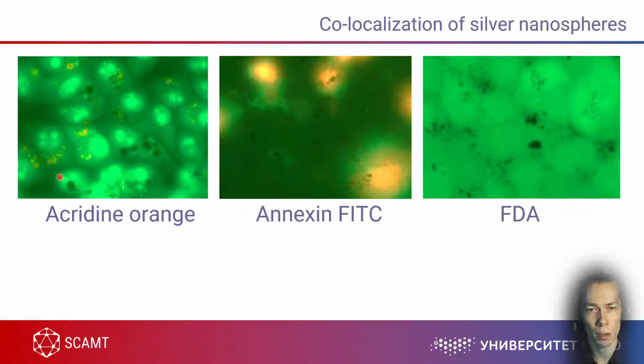So we see a lot of the inner structure of our cells. Because not much of the cytoplasm is stained, if you adjust the focus of your microscope, you can easily identify these endosomes with nanoparticles, silver nanoparticles.